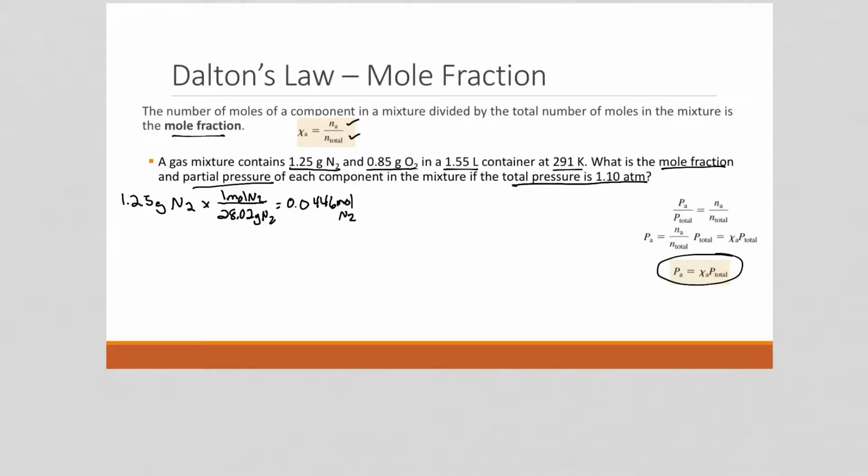If I do the same thing for oxygen, I have 0.85 grams of O2, 1 mole of O2 equals 32.00 grams of O2, and I get 0.0266. Now, I only have 2 significant figures here, so I should cut it off there. So that rounds to 0.027 moles of O2.